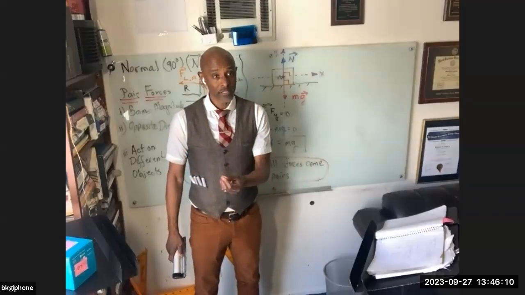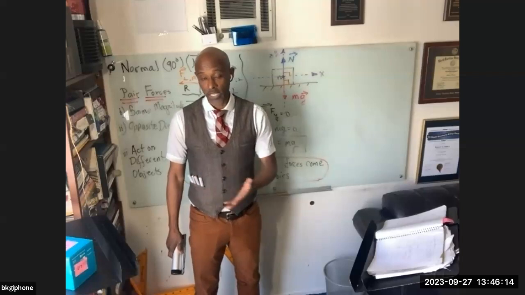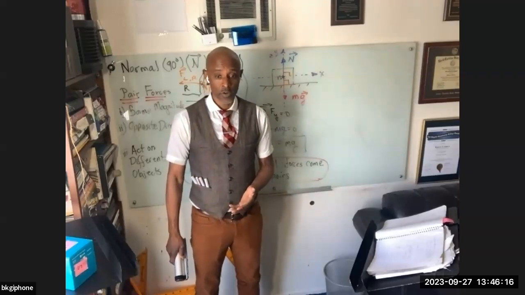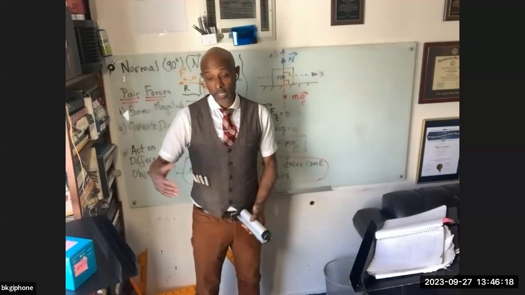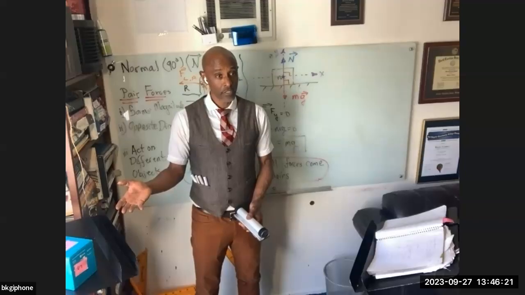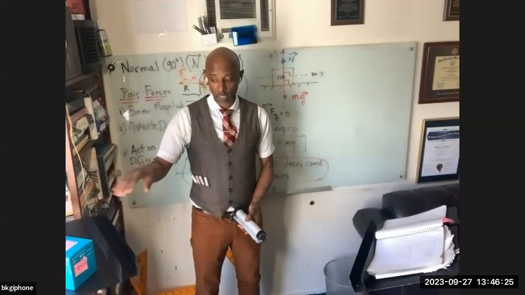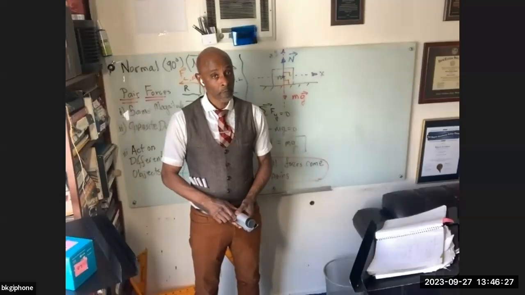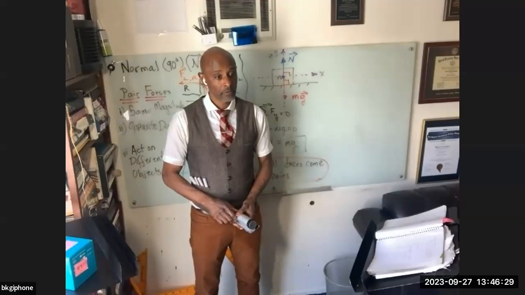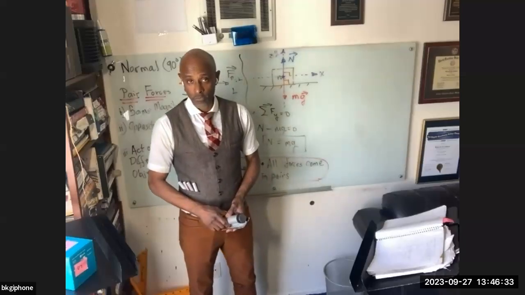If we know the mass of each object, and we know the plane angle, we can determine several things. We can determine the acceleration of the system. We can determine the tension force in the string, and we can also determine the normal force. Let's do that.